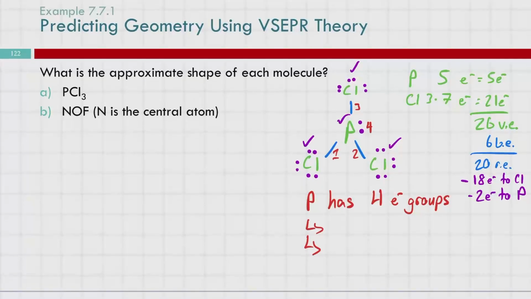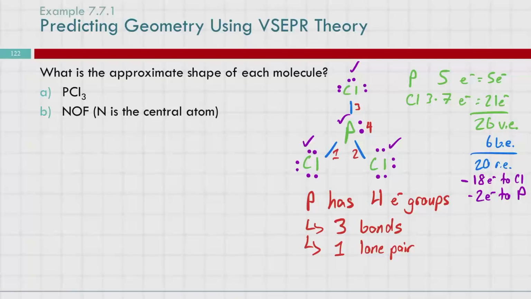Those 4 electron groups are broken up into 3 bonds and 1 lone pair. So if we've got 4 electron groups, our shape for 4, hit the X and twist. All right, that's our 4. That's our electron geometry. If we get rid of one of those groups, now we've got 3 groups left. So it's 3 for trigonal. And it's not flat in the plane.